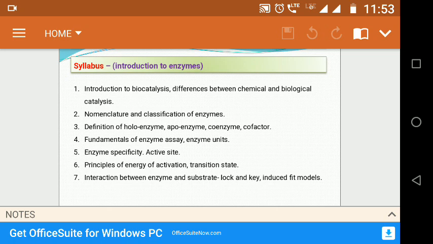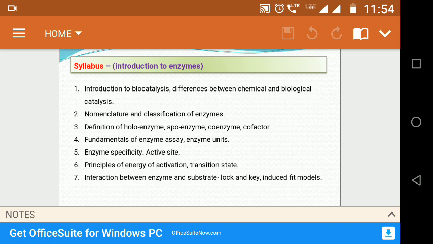We have the substrate binding site and the catalytic site, and of course the very important subtopic in enzymology is the activation energy and transition state. By lowering the activation energy, the enzymes perform the catalytic reactions with speed. That is the main mechanism which influences the efficiency of the enzyme.